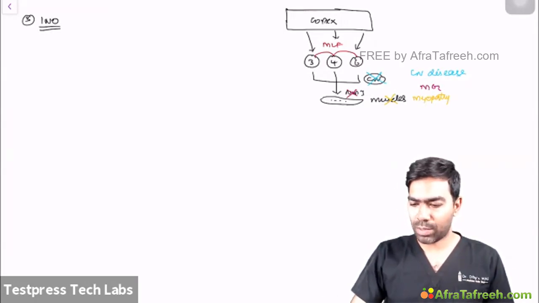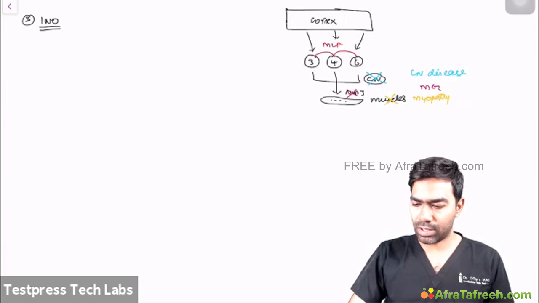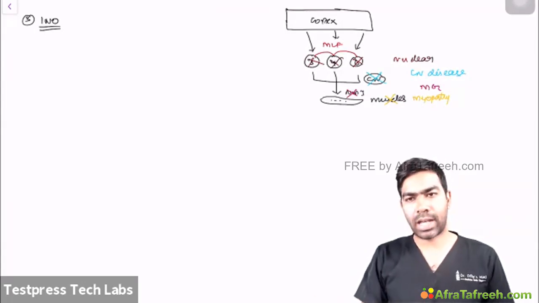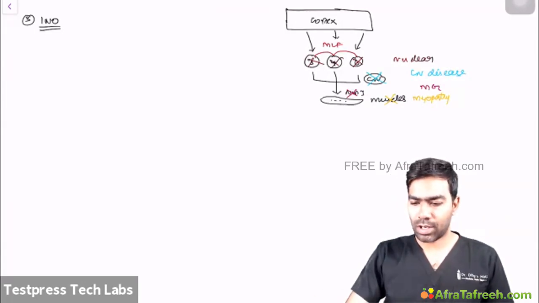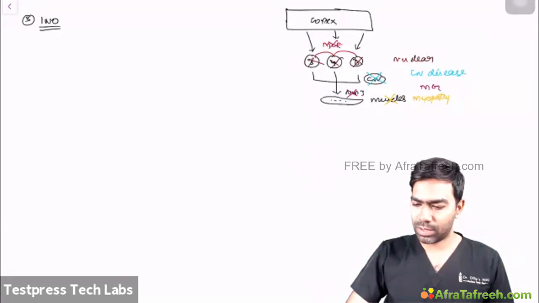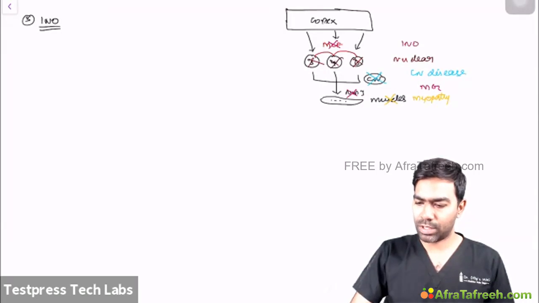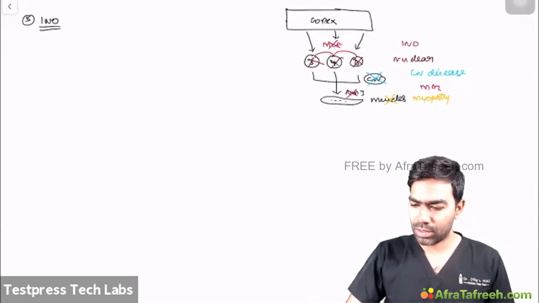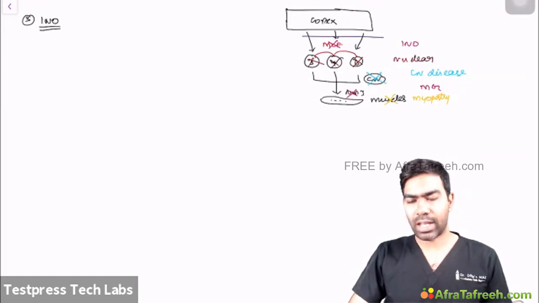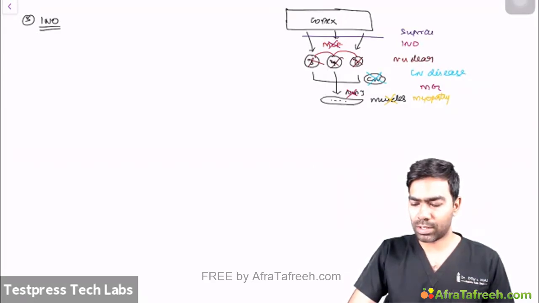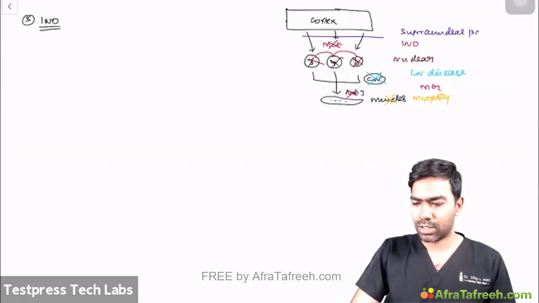Or you can have a nuclear problem, which can produce ophthalmoplegia. Or it could be an MLF problem, which we have discussed already, that produces internuclear ophthalmoplegia. If the problem is above the MLF, that can produce a type of ophthalmoplegia called supranuclear palsy.